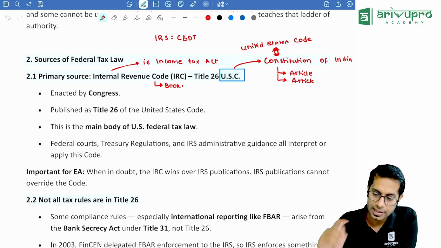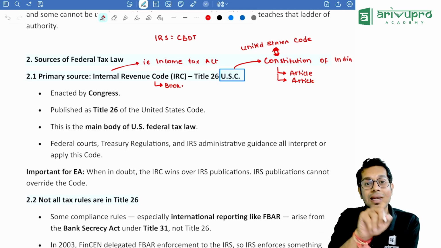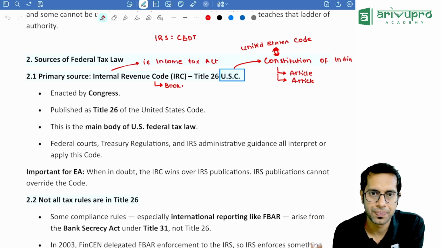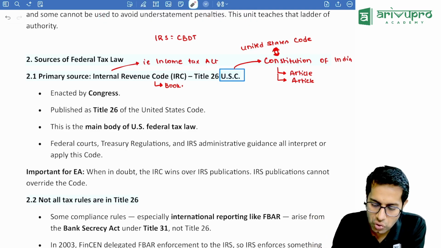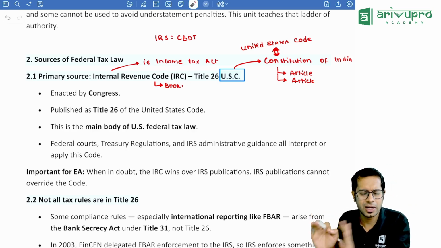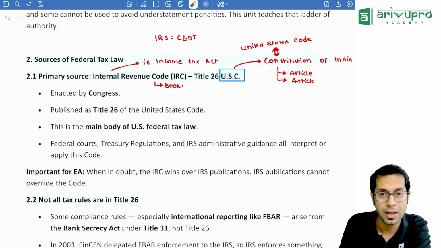Just like that, this Title 26 means what, sir? Article number 26 of the United States Code. Please note, I'm not saying that it is exactly the constitution of another country. No, I'm just giving a reference to Indian law so that you can understand it in a better manner.